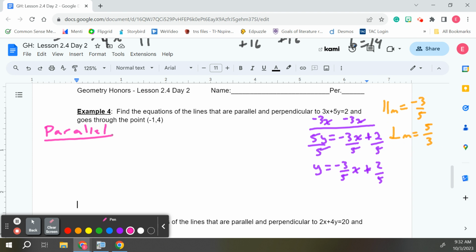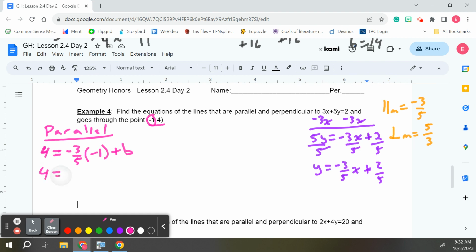Again, I'm taking that slope-intercept form. I'm going to have 4, because I'm using this point, 4 equals the slope, which is negative 3 over 5, and I'm multiplying that by negative 1 for my x, and then plus b.